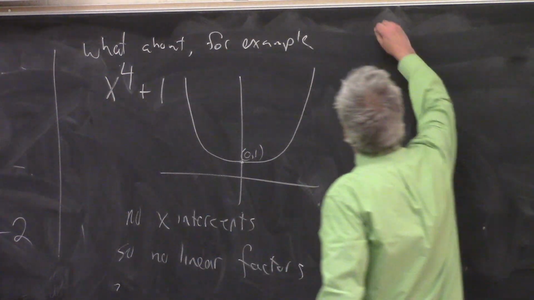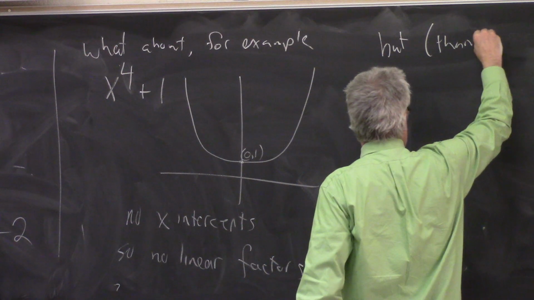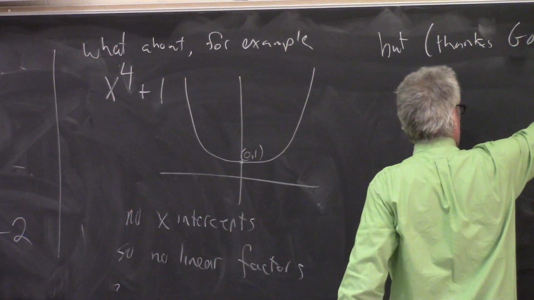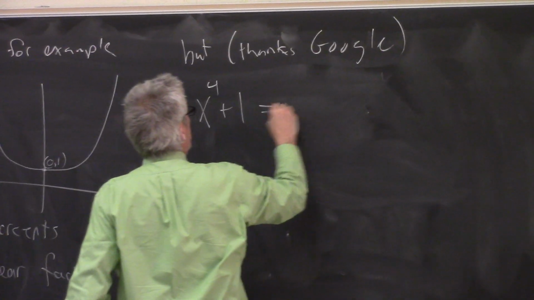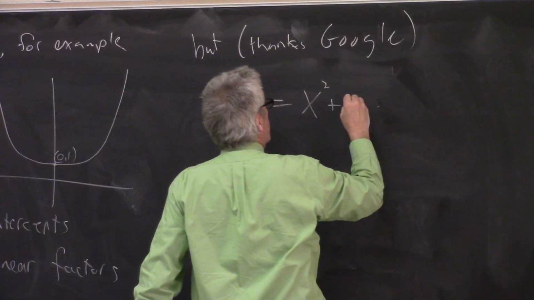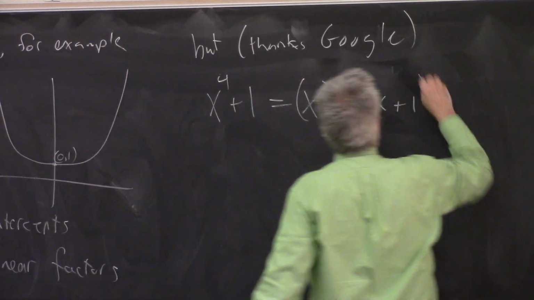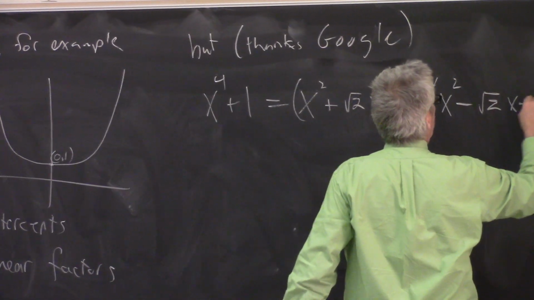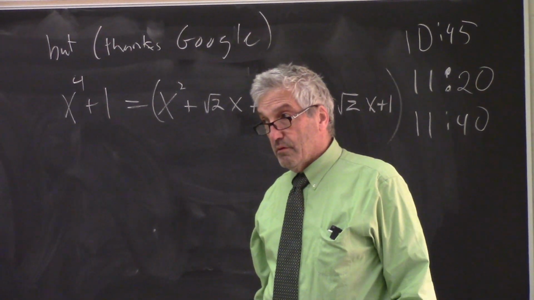But observe, x to the fourth plus 1 is x squared plus radical 2x plus 1 times x squared minus radical 2x plus 1. Those are irreducible quadratics.